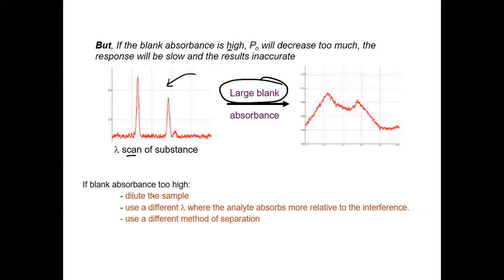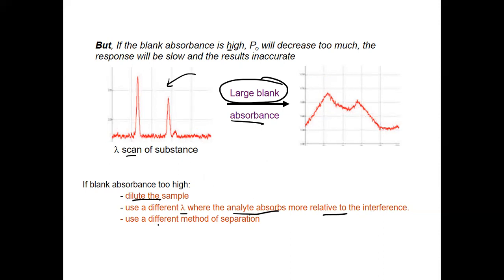Now to solve this, if the blank absorbance is so high, these are the things you can do. You can dilute the sample, so diluting the sample will minimize the large blank absorbance. You can use a different wavelength where the analyte absorbs more relative to the interference, so it targets your analyte compared to the interference.